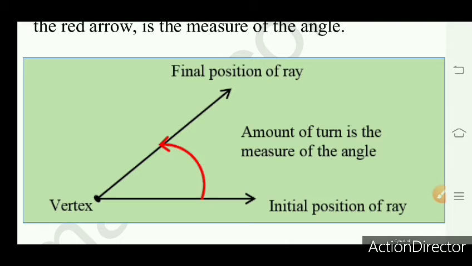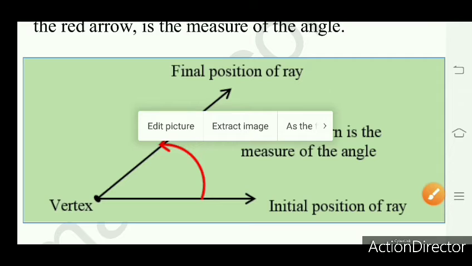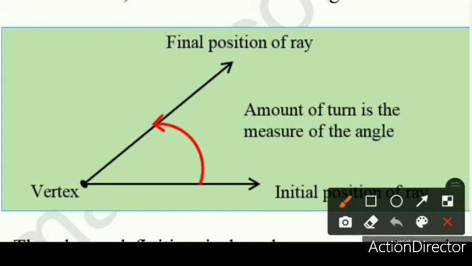So this is the figure related to an angle. First we will discuss how an angle is actually formed. Basically, this first ray is the initial position of the ray, and from this point the ray moves from here to here.